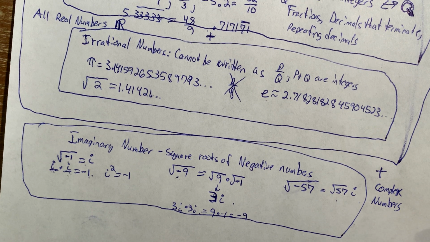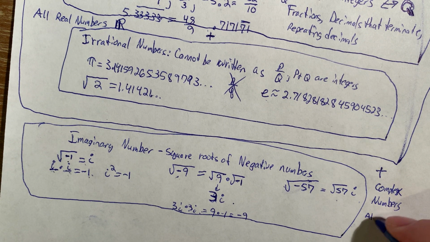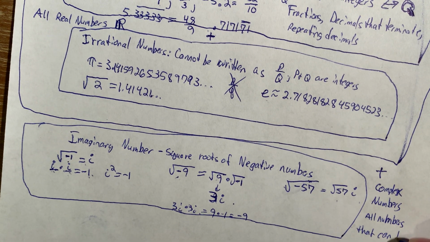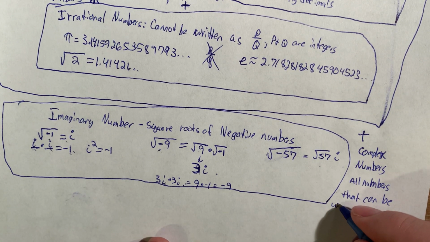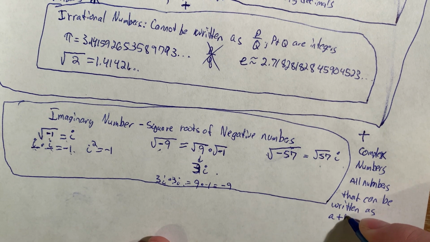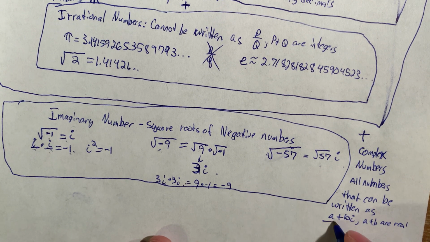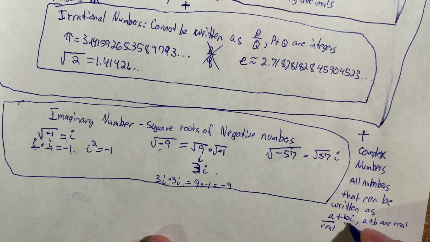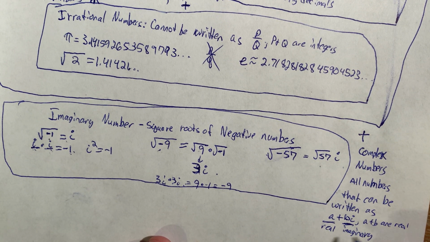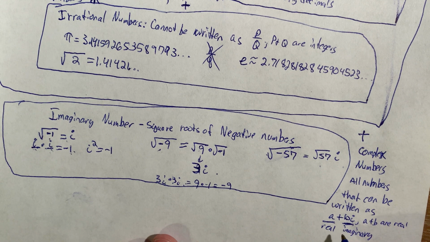So complex numbers are all numbers that can be written as a plus b times i, where a and b are real. This is called the real part, and this is called the imaginary part, because it's getting multiplied times i, the imaginary number that is the square root of -1.